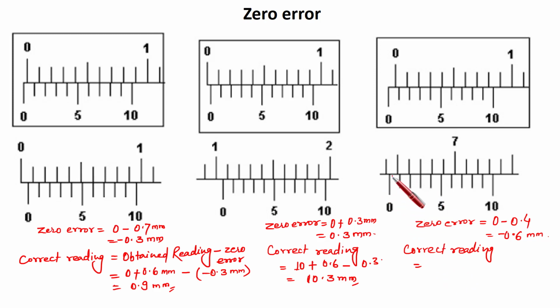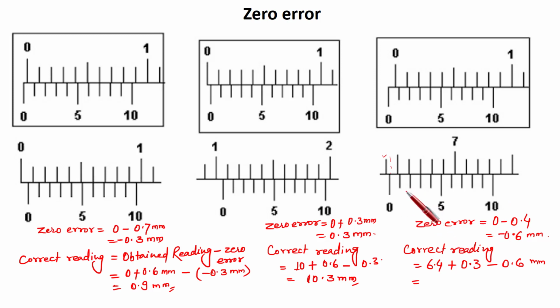This one is the main scale reading. This is 7, this is 6.5, this is 6.4. So 6.4 mm plus how much? This is 1, 2, 3. The third one, that means 0.3, minus 0.6 mm.